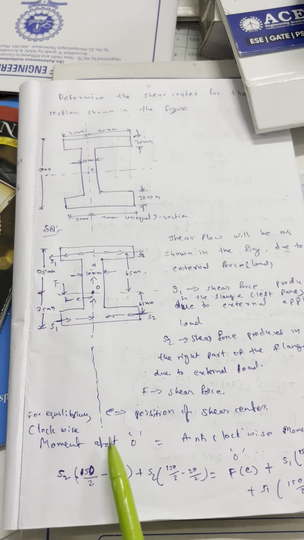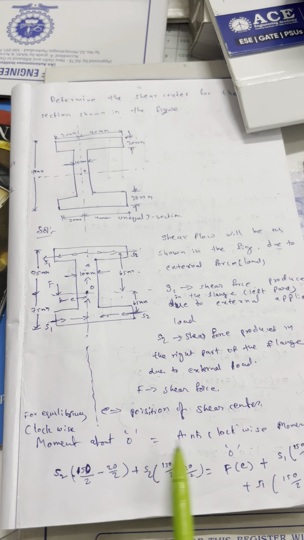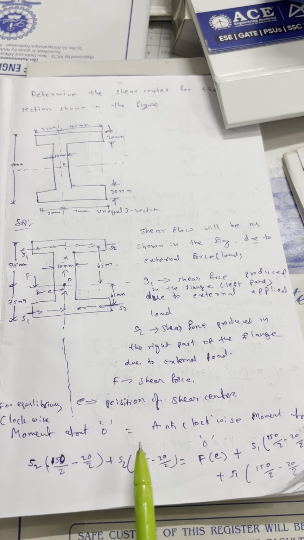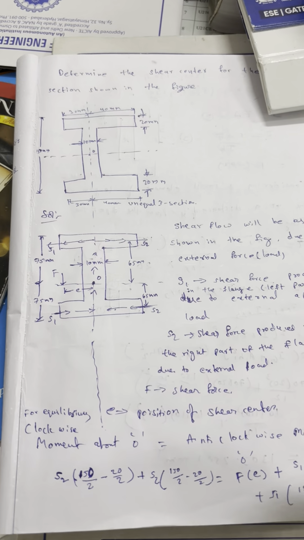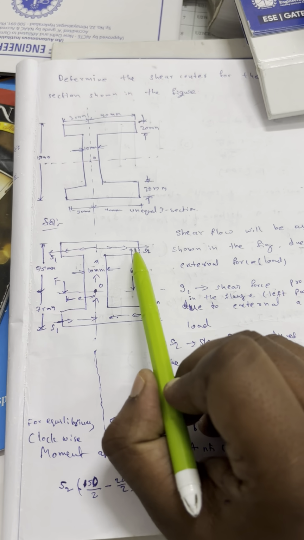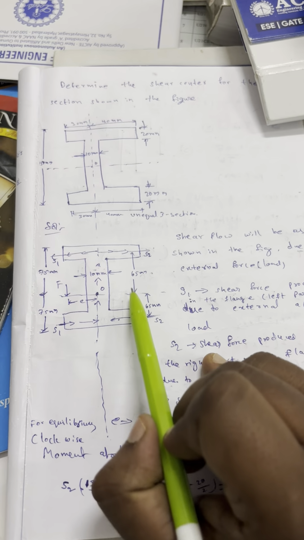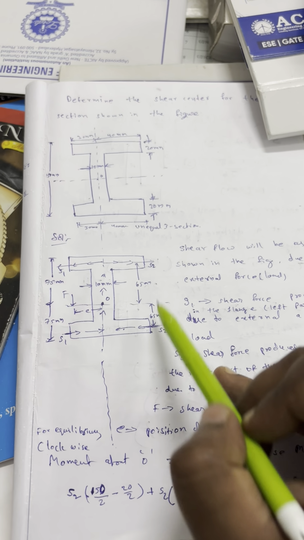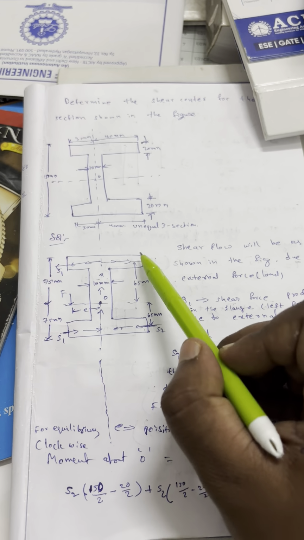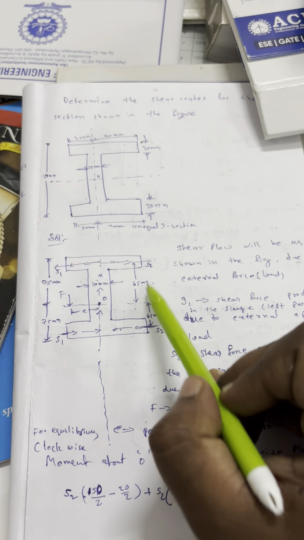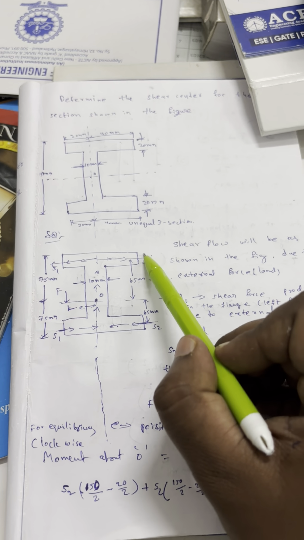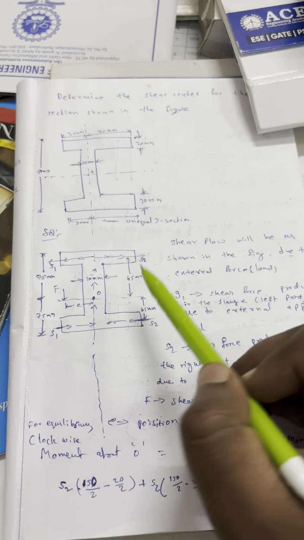Now for equilibrium, clockwise moment about O equals anti-clockwise moment about O. The clockwise moment here is S2 into the perpendicular distance. What is this distance? Total is 150. 150 by 2 minus this portion 20 by 2, that is 65.